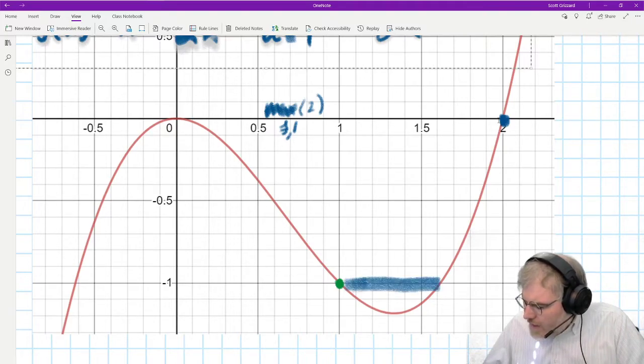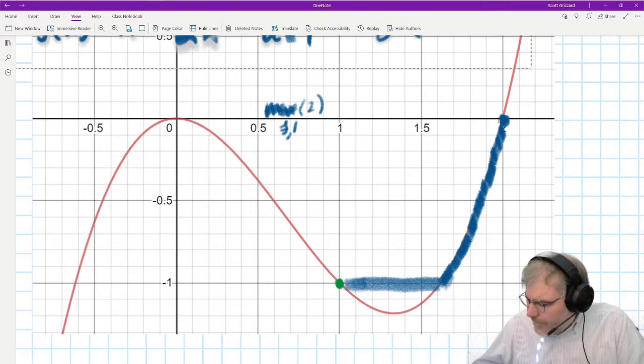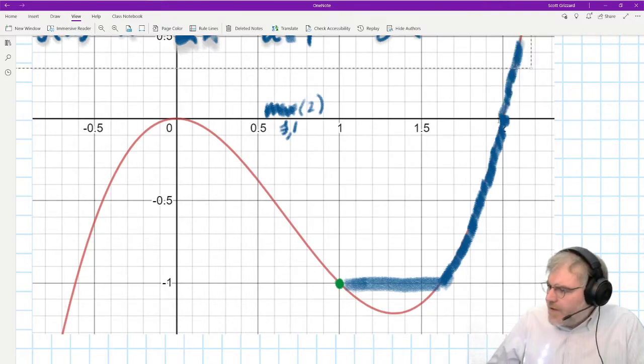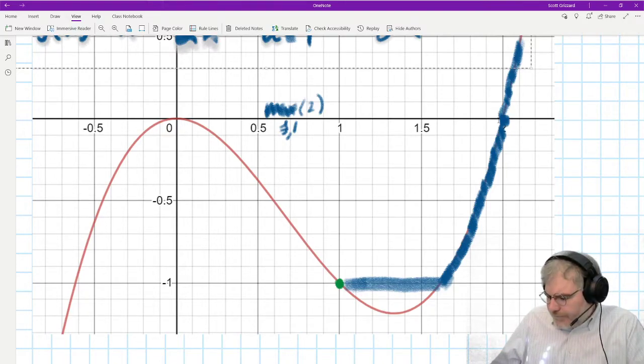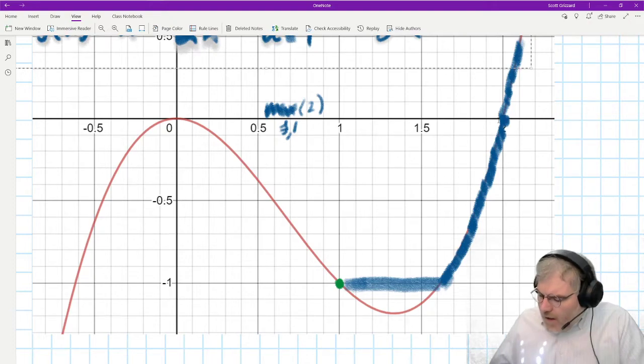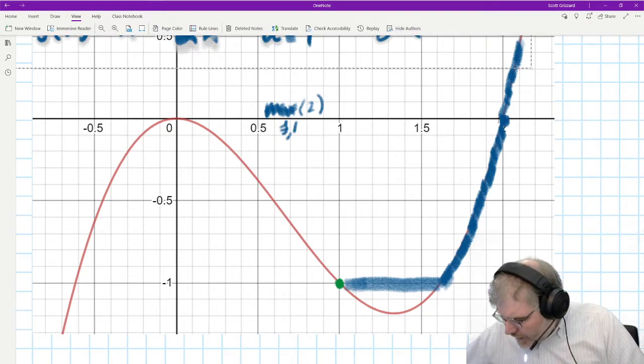But then when I hit this point, it starts going up again. There's the max function. Well, what about on the left side? On the left side, my max function is going to look like this.